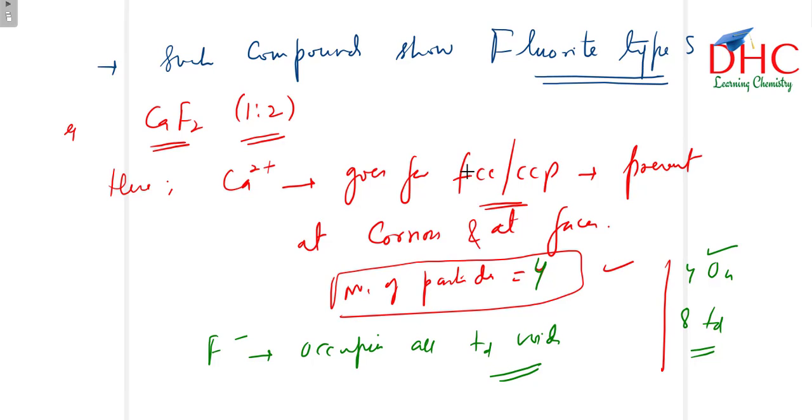Since fluoride occupies tetrahedral voids, obviously तो fluoride के इर्द गिर्द कितने कैल्शियम होंगे? 4. So the coordination number of fluoride will be 4, and that of calcium 2 plus will be 8, because there are 8 fluorides which are directly touching the calcium ion.